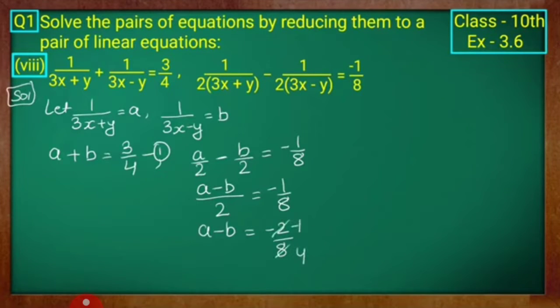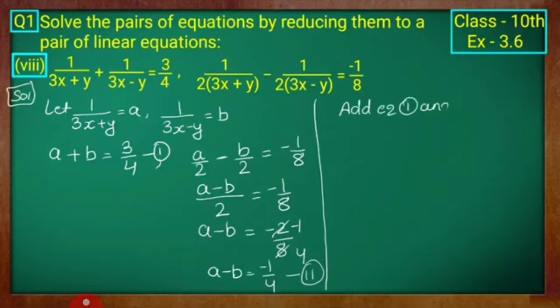It will be minus 1 upon 4. So a minus b is equal to minus 1 upon 4. Take this as second equation.